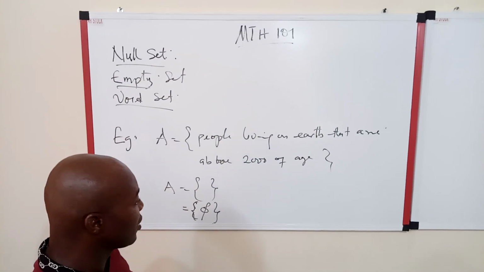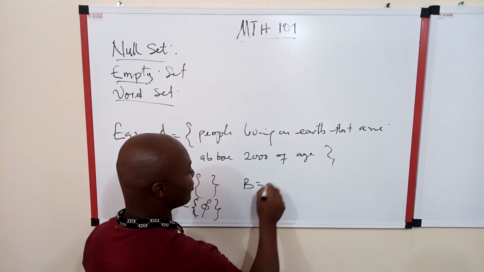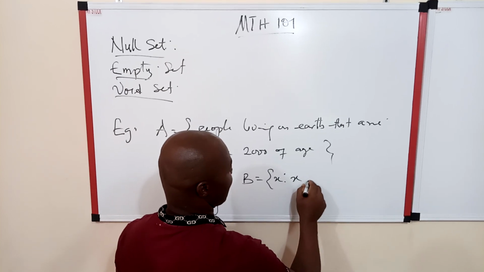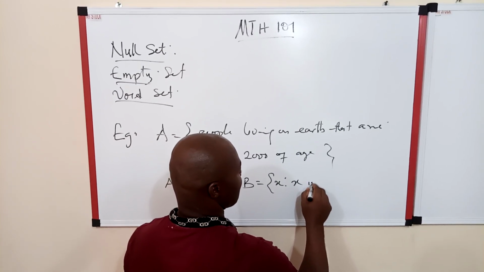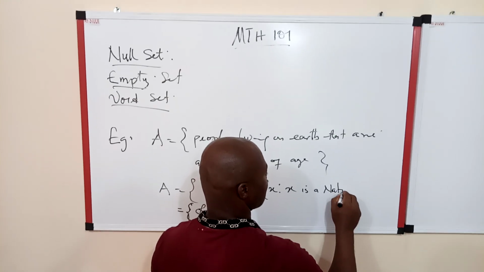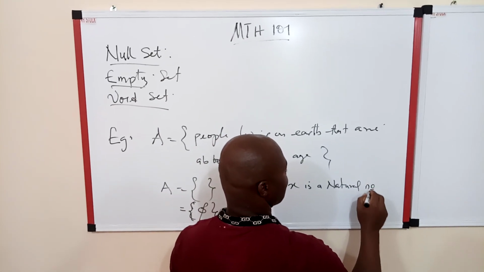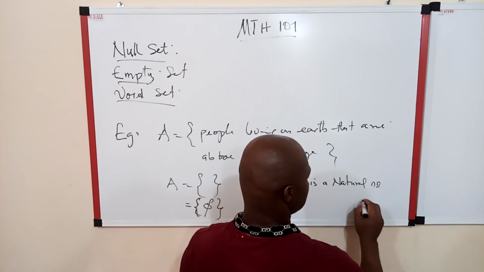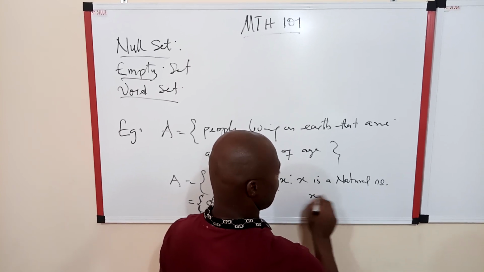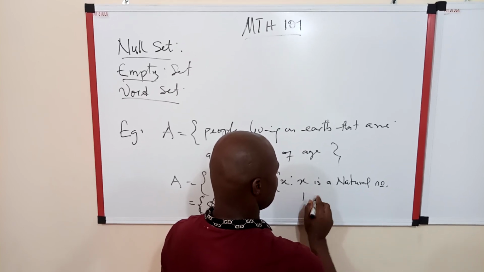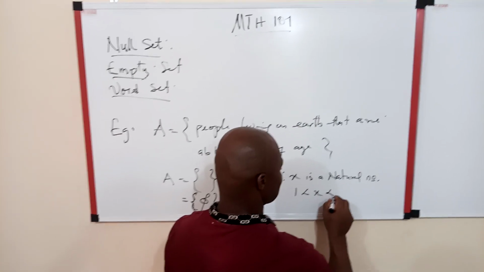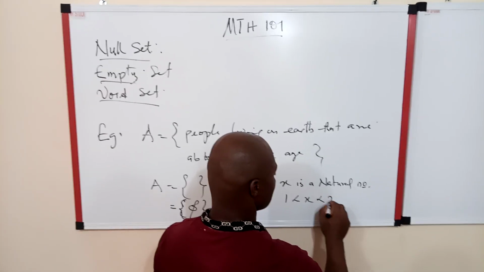Let's consider another set, say B, where its elements are X, such that X is a natural number, where 1 is less than or equal to X, less than or equal to 2.